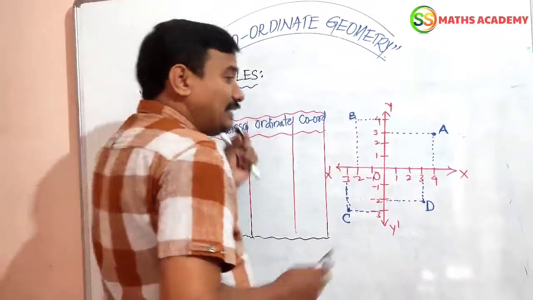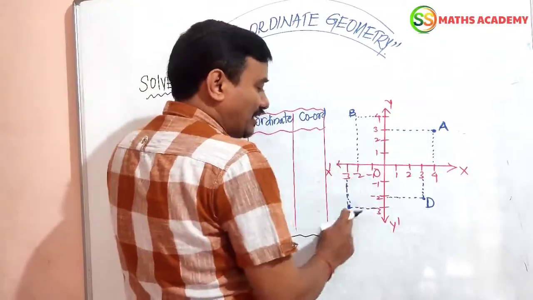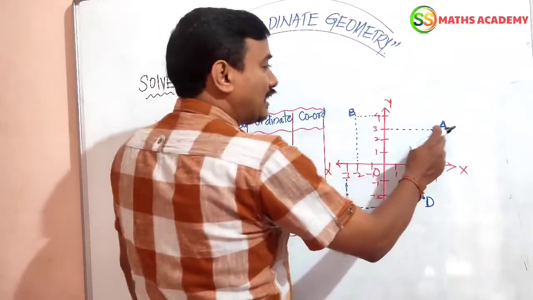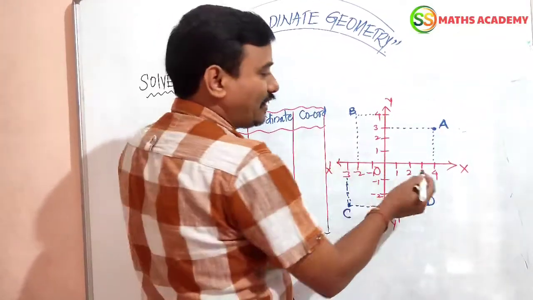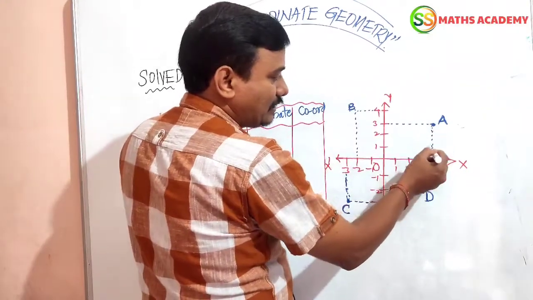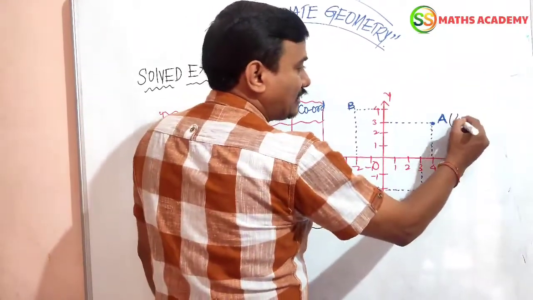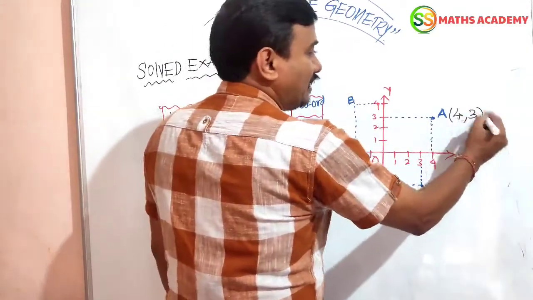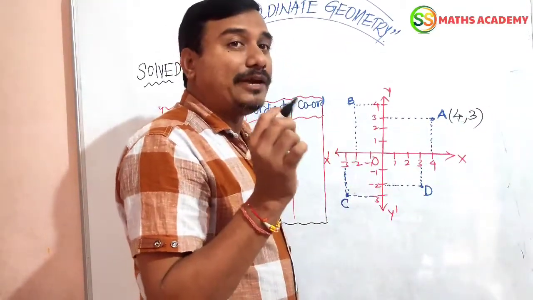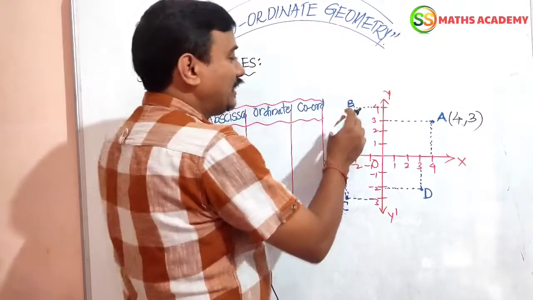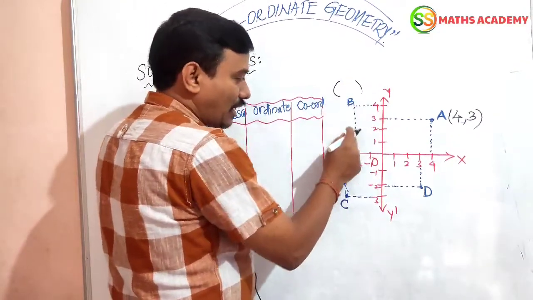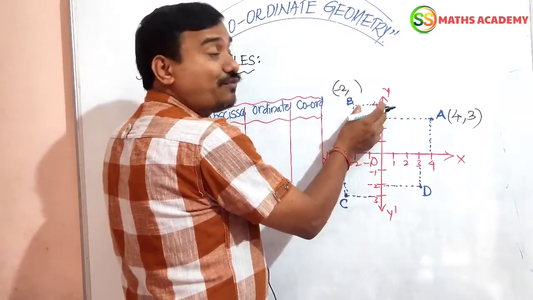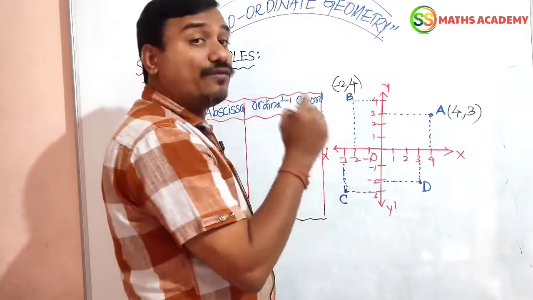See now. These points A, B, C, D are located in 4 different regions. For point A, on x-axis the value is 4 and on y-axis the value is 3, so the pair for point A is (4, 3). Next, B: on x-axis is -2 and y-axis is 4, so (-2, 4).